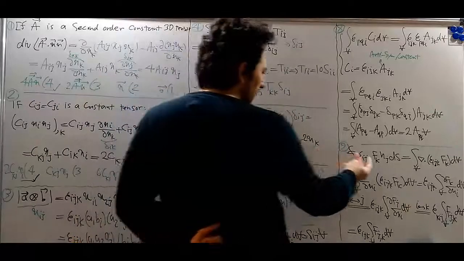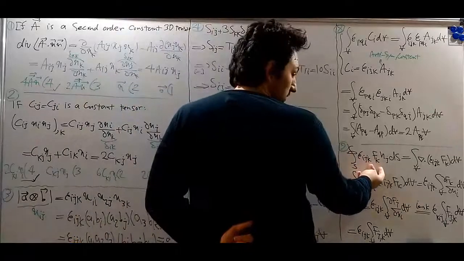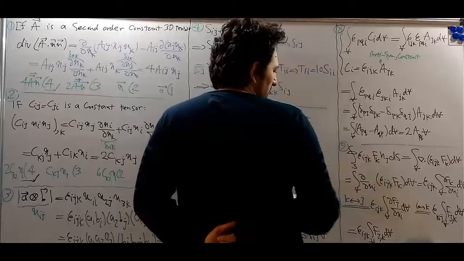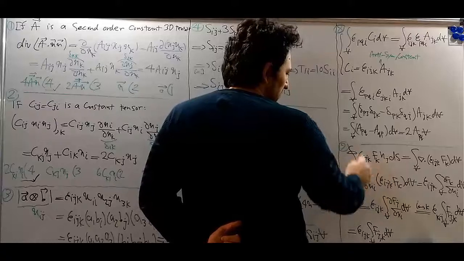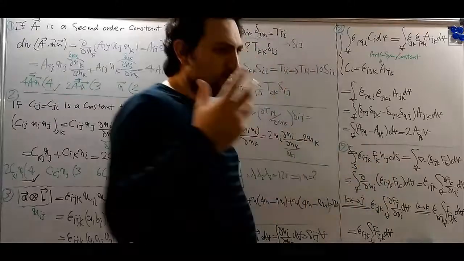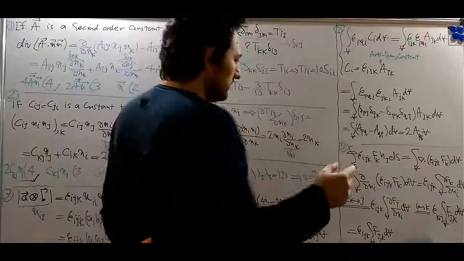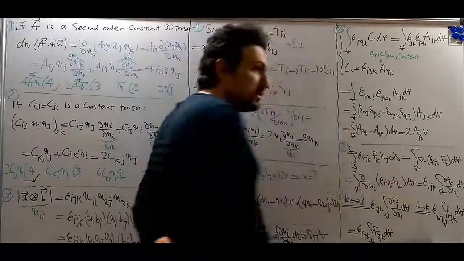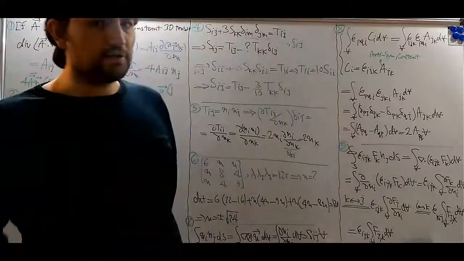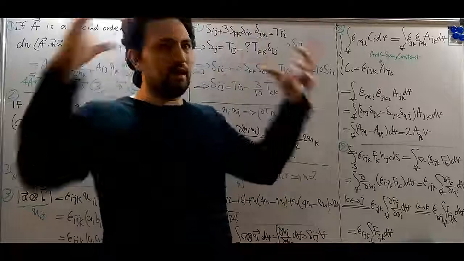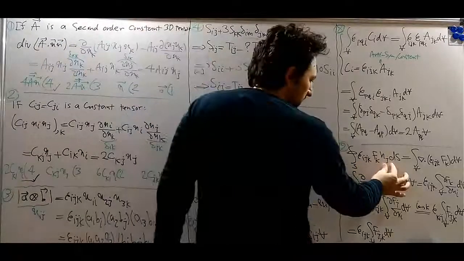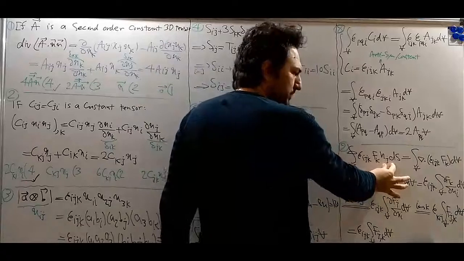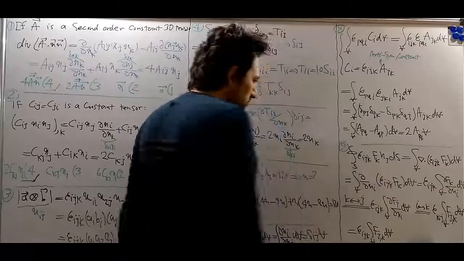Here, as you see, we have an identical index and also another identical index here. So this tensor expression equals the cross product of n, which is the outward normal vector of the closed surface S, and this expression.